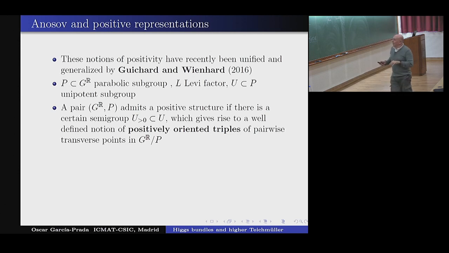And that semigroup is what is going to allow you to define a notion of positively oriented triples of pairwise transverse points here. Remember that in G/P times G/P, there were these transverse things. So if you have a triple of elements there that are two by two transverse, this notion of positivity allows you to define some notion of being positive for this triple, right?